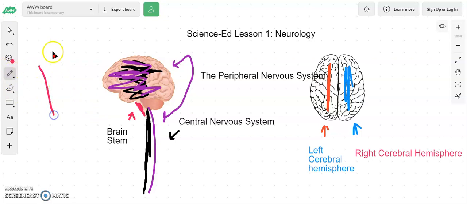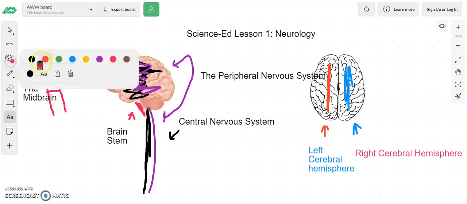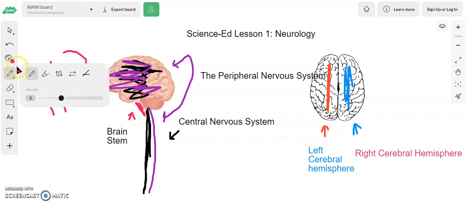So I'm just going to do my best to attempt to draw the three parts. And right here is the midbrain. I also find it funny because it's not the middle part of the brainstem.